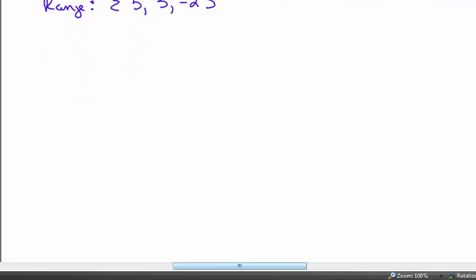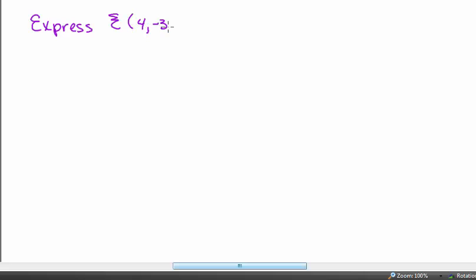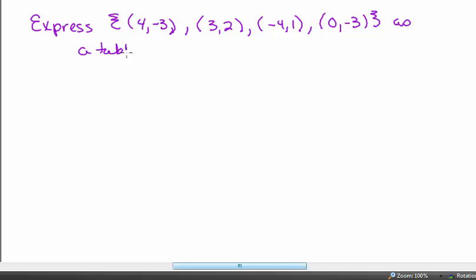Let's do another example like this, where we are going to express the set (4, -3), (3, 2), (-4, 1), and (0, -3) as a table, graph, and mapping.